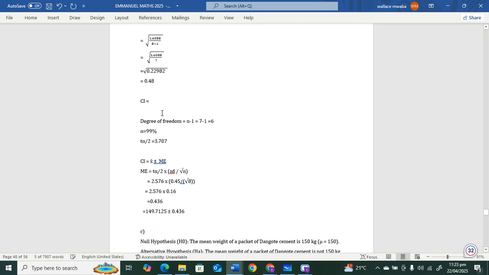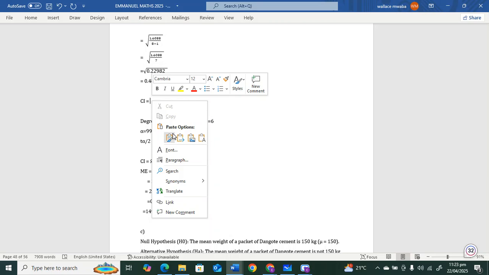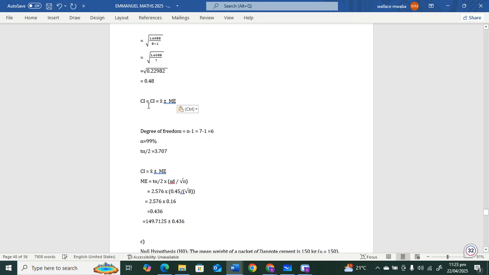This is the range in which you find the true population mean. Okay? It's the range in which you find the true population mean. That's what the confidence interval is.